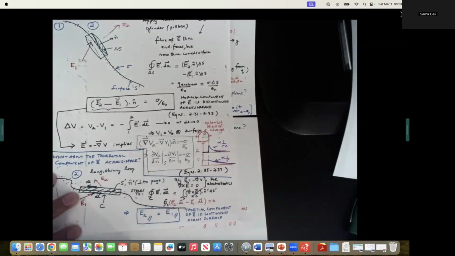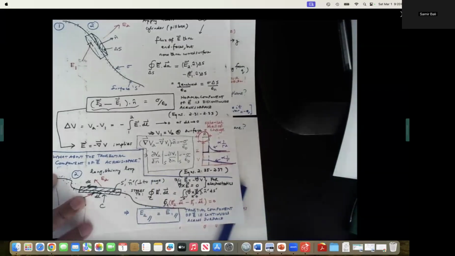The potential, and so V2 means that this is above the plane, divided by the normal to the xy plane, right?